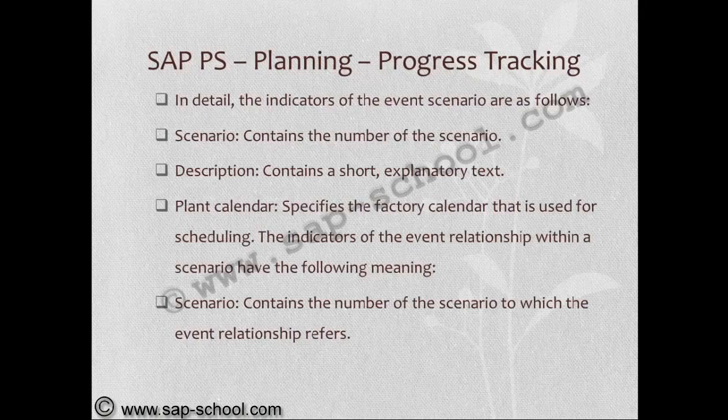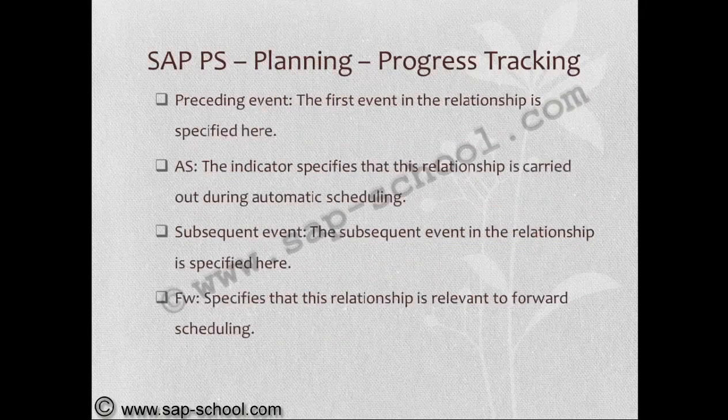The scenarios contain the number of the scenario, then a short text of the scenario, then the calendar, the factory calendar we can use. Scenario contains the number of the scenario to which the relationship refers. Preceding event: the first event in the relationship is specified. AS: the indicator specifies this relationship is carried out during automatic scheduling.